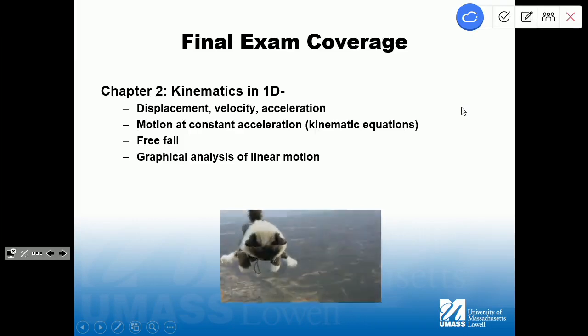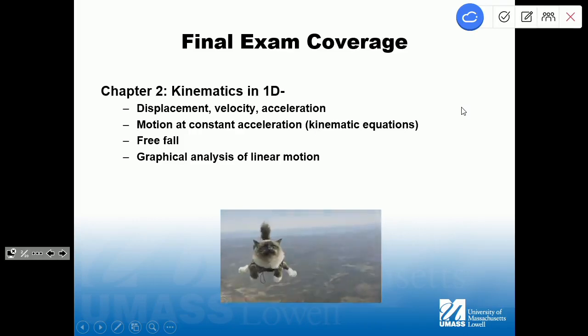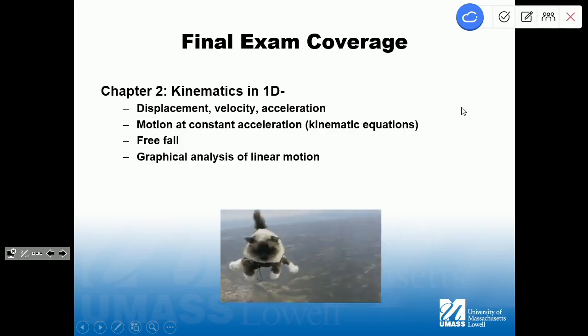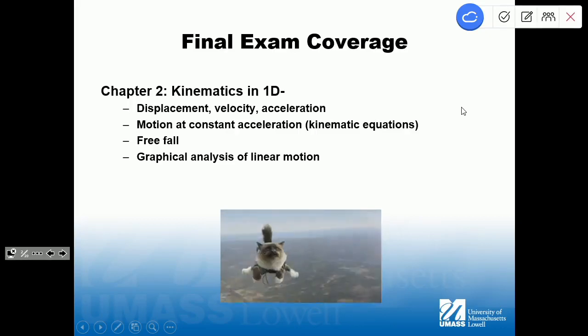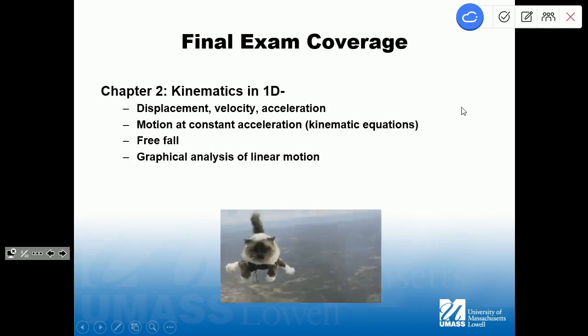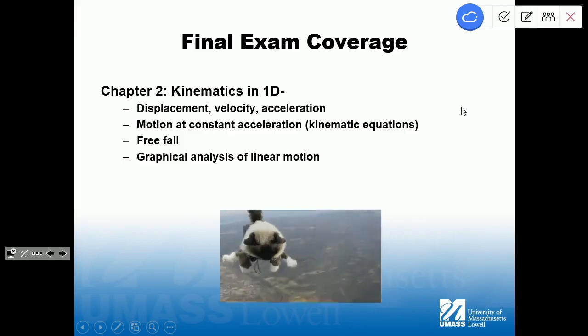A displacement of 2 meters and a displacement of 3 meters doesn't have to add up to 5. It depends on how they're oriented with respect to each other. If you go 2 meters that way and 3 meters that way, then yes, you went 5 meters that way. But 2 that way and 3 this way means you went 1 meter this way. So remember, with vectors and scalars, the difference was how they add.